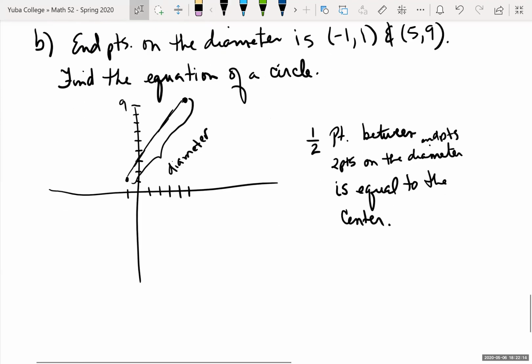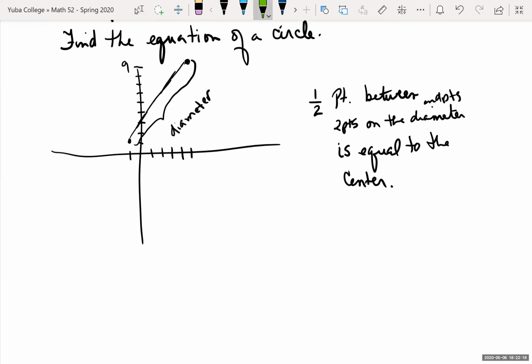Okay, so we can use our midpoint formula. So we could find a point that was halfway between 2 points by thinking of it as averaging your x values. So sum your x values and divide by 2.